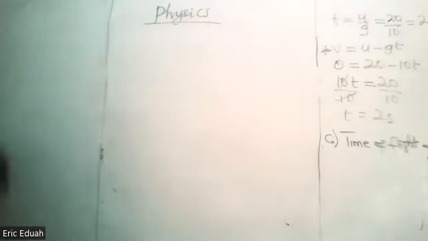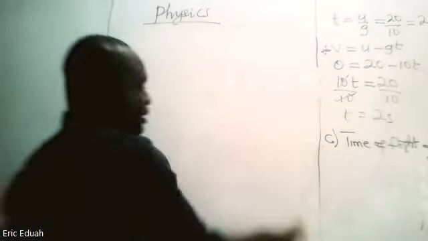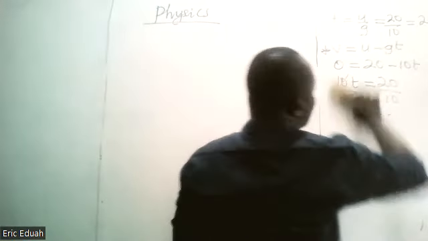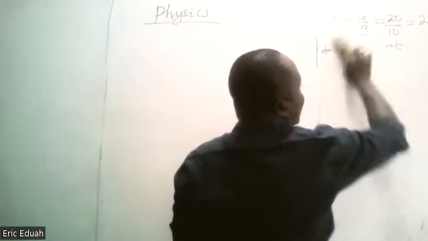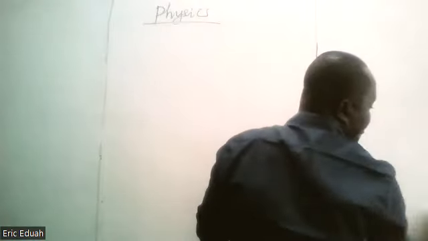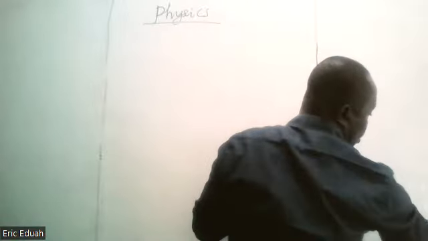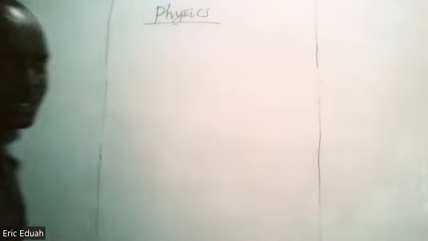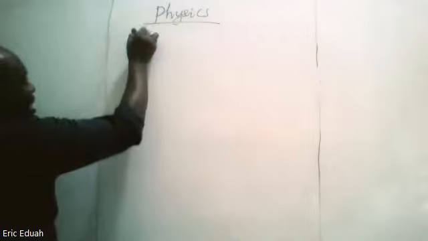So, vertically downward motion. Example, we are looking at an orange or a mango falling from the stalk and dropping to the ground.